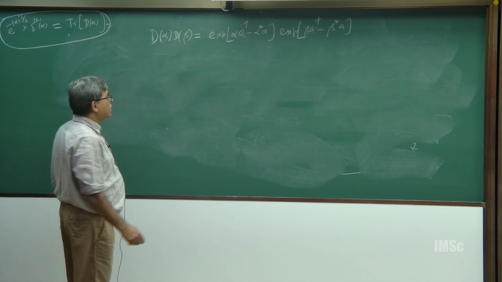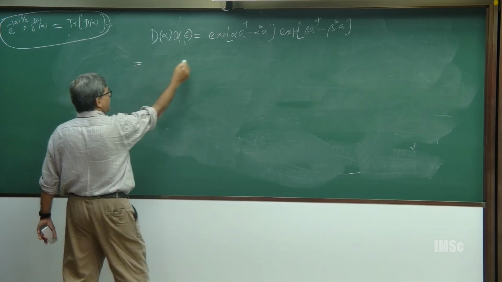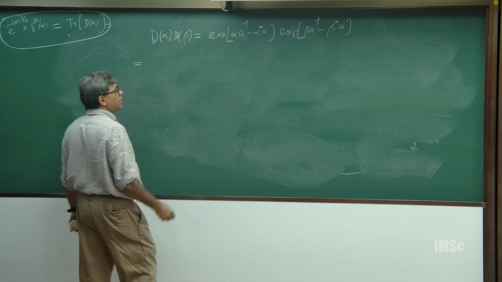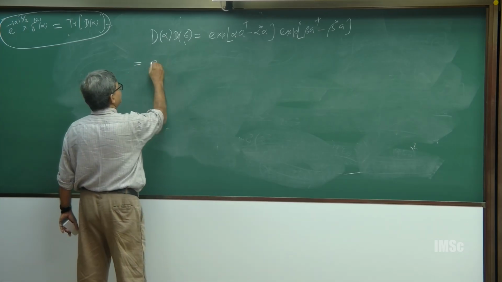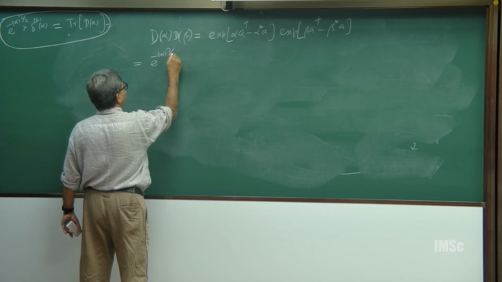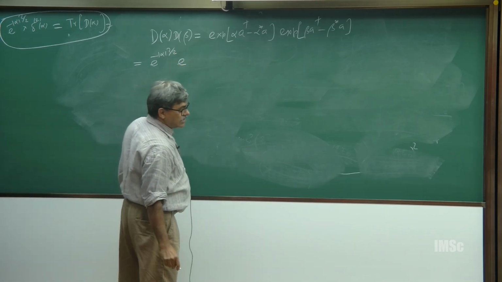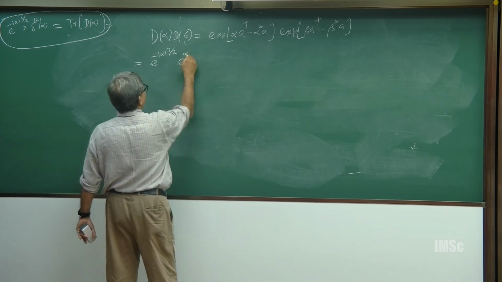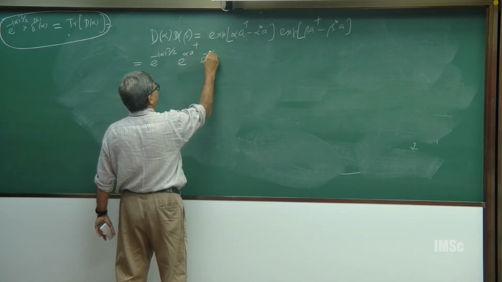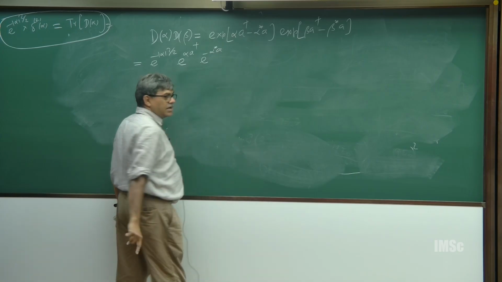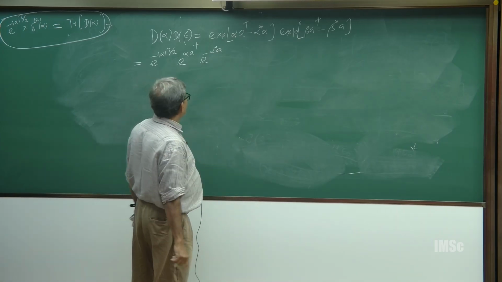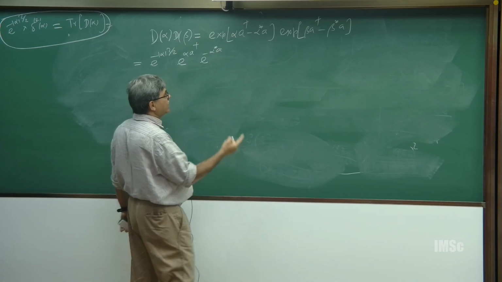Okay. So, here I use the Baker-Campbell-Hausdorff formula, which tells me that this is minus mod alpha square by 2, e to the power alpha A dagger e to the power minus alpha star A. Here I will use the opposite.